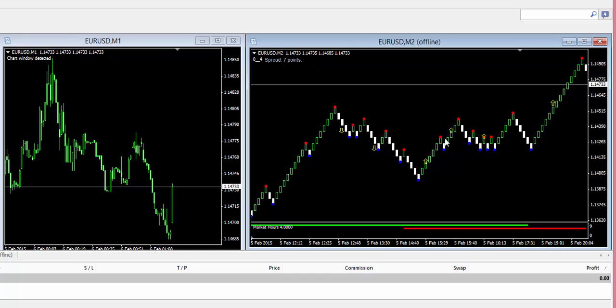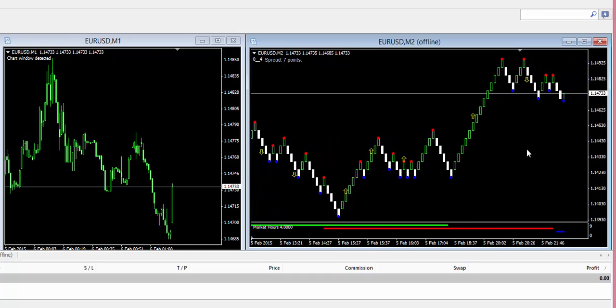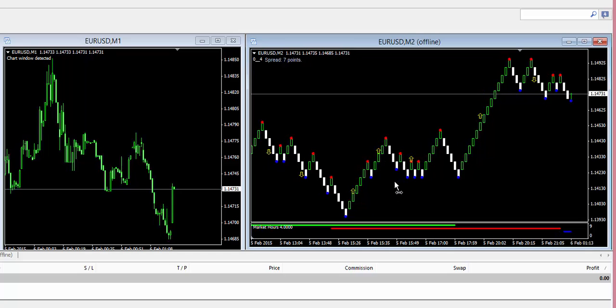We had 1, 2, 3, 4, 5, 6, 7 easy trades, and we had a few horizontal trades here as well. You can see there's a horizontal break here, there's a horizontal break down here, and a horizontal break down here, and a horizontal break down here as well. So, 10 easy trades using Renko charts and angled and horizontal trend lines.